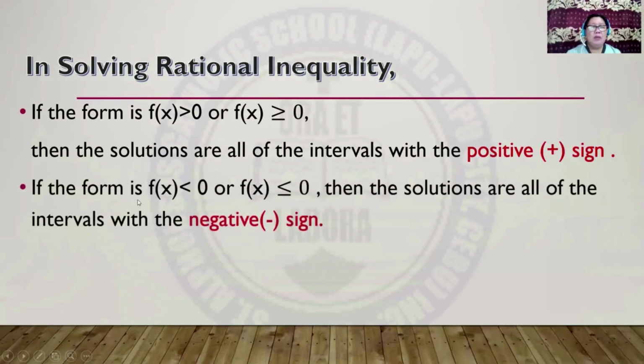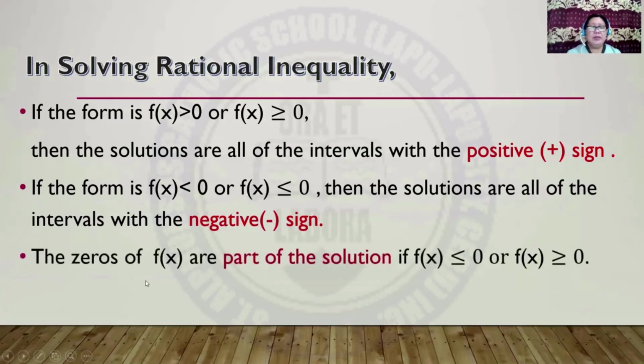And if the form is f of x is less than 0 or f of x is less than or equal to 0, then the solutions are all of the intervals with the negative sign. The zeros of f of x are part of the solution if f of x is less than or equal to 0 or f of x is greater than or equal to 0.